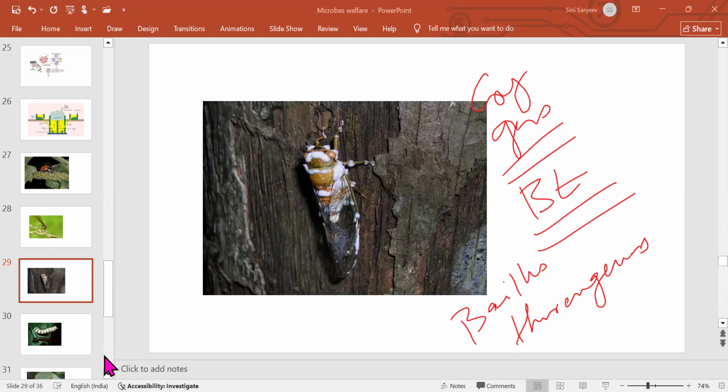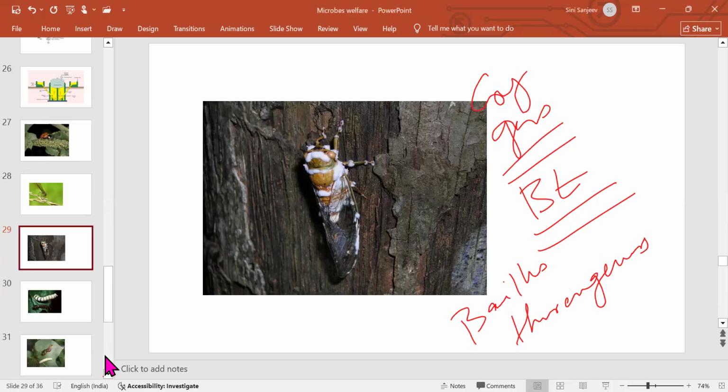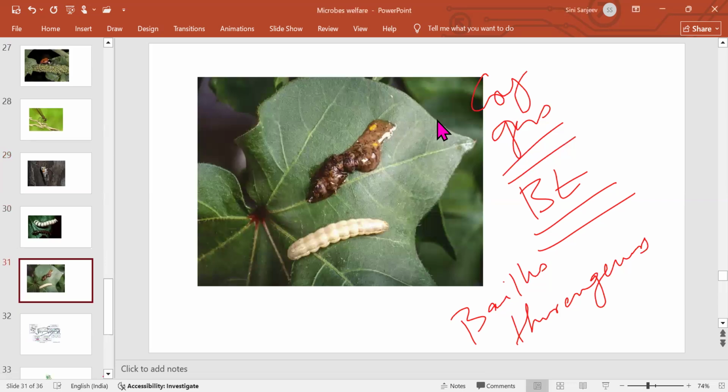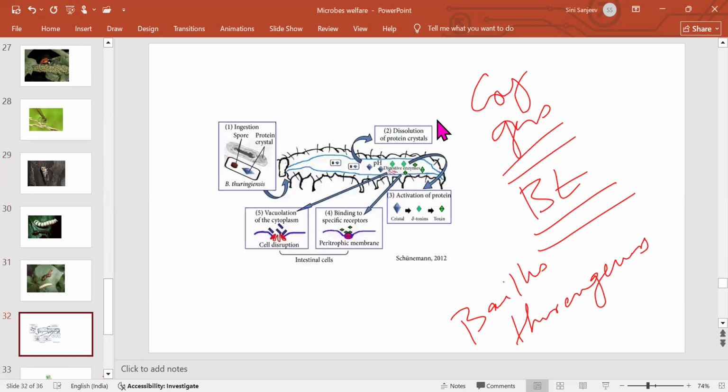For example, if I take the BT, if you see in this diagram, it's a caterpillar basically, and we have this bacterium called Bacillus thuringiensis. Bacillus thuringiensis, which is commonly known as BT, is used to control what? The butterflies. Basically the larva, it just controls them.